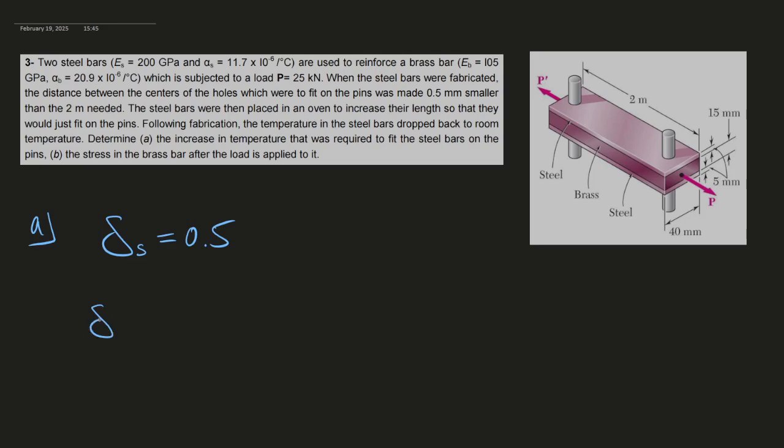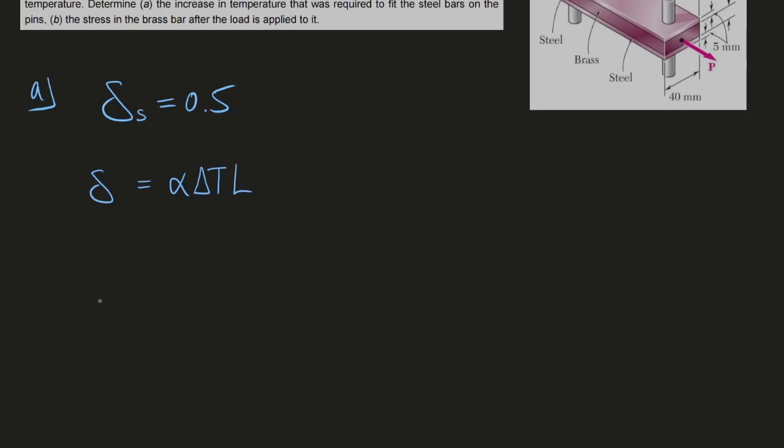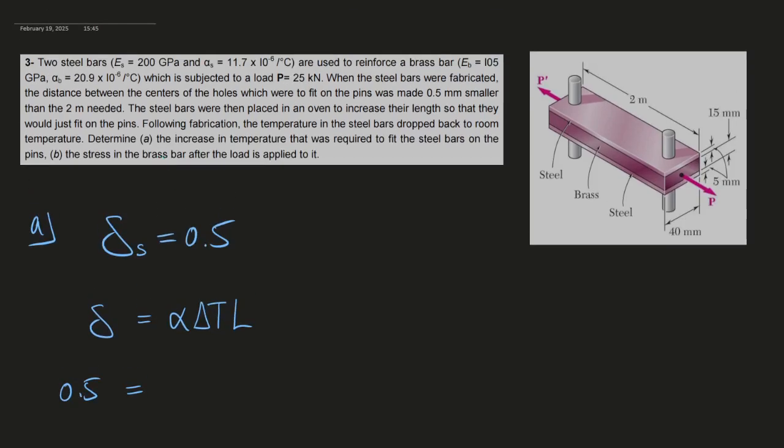So we know that thermal strain delta is equal to alpha delta T L. So we know this is 0.5 millimeters, and alpha for steel is 11.7 times 10 to the negative 6, and the difference in temperature is what we're trying to find.